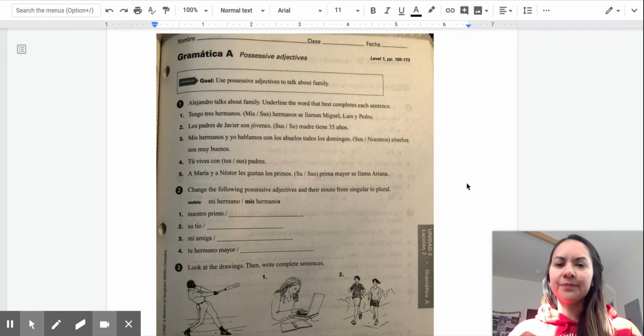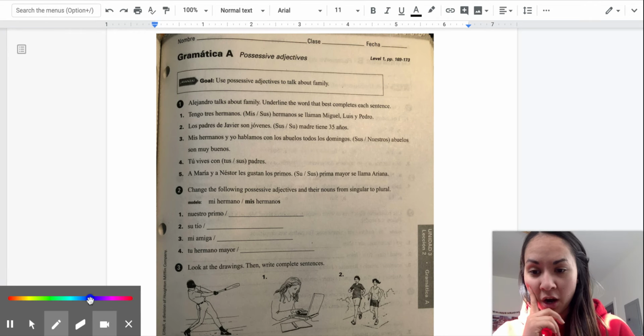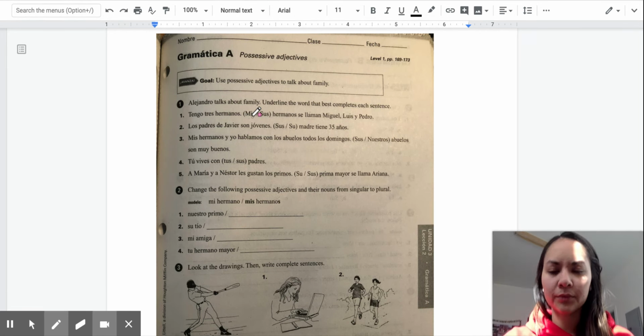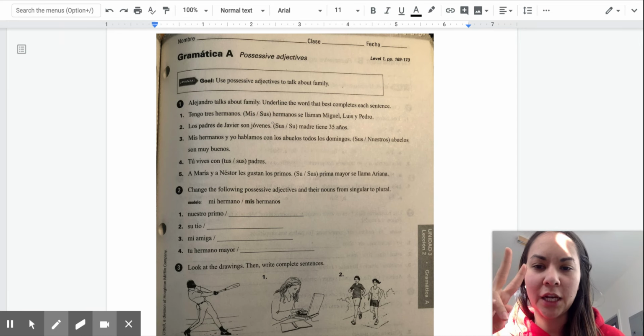So here is what I want you to focus on. I'm actually going to be able to use the drawing thing. There are two things that I want to say.